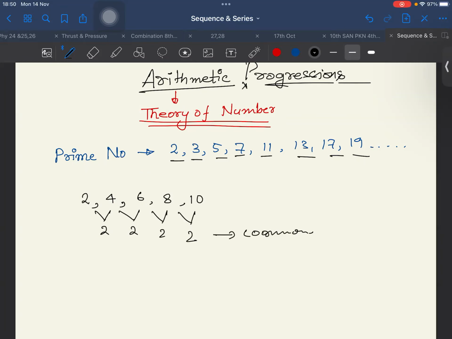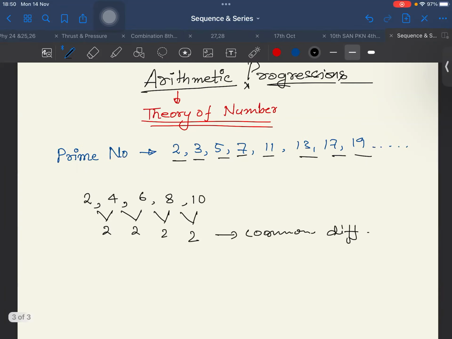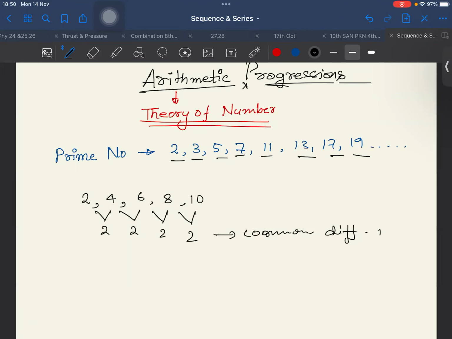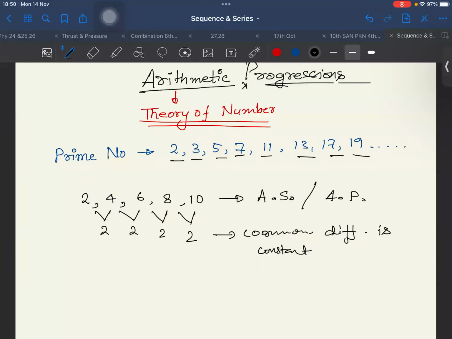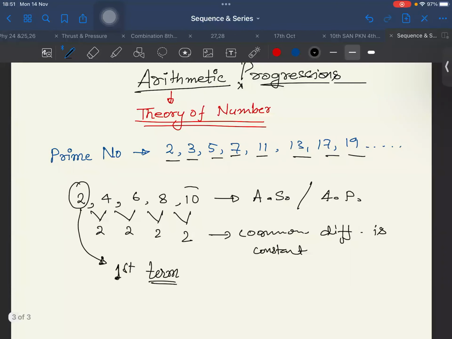Common difference. And if the common difference is constant, then we say these numbers are in arithmetic series or arithmetic progression. So it will have a common difference, and wherever it starts from is called the first term. And wherever it ends will be your last term.